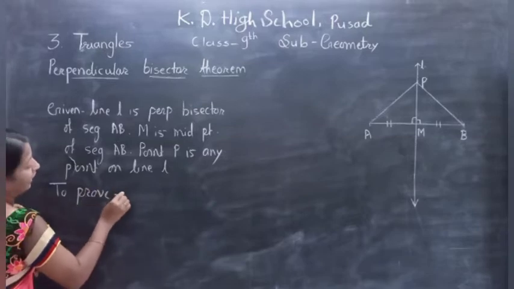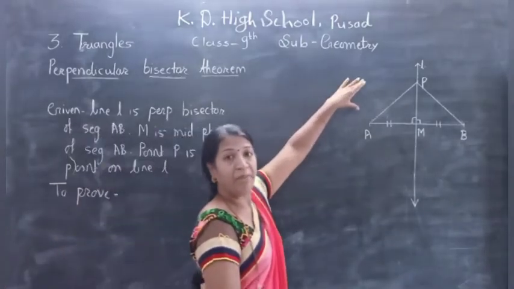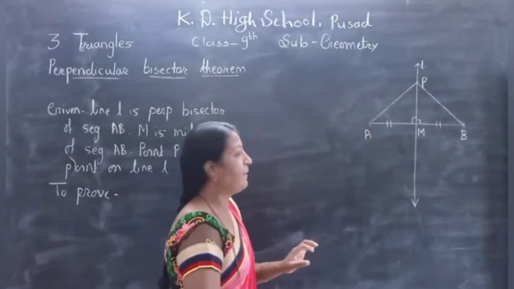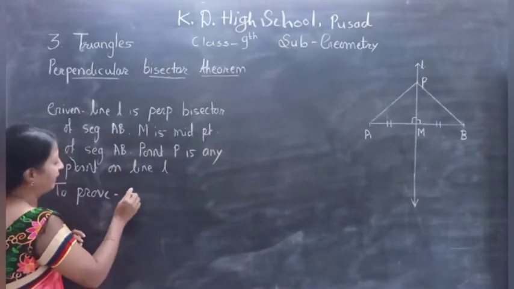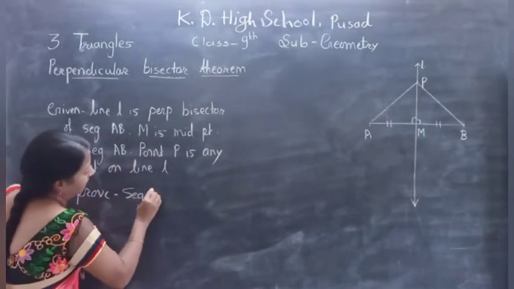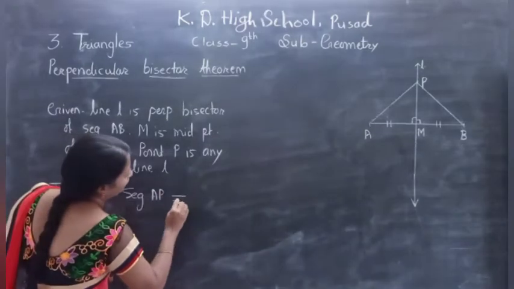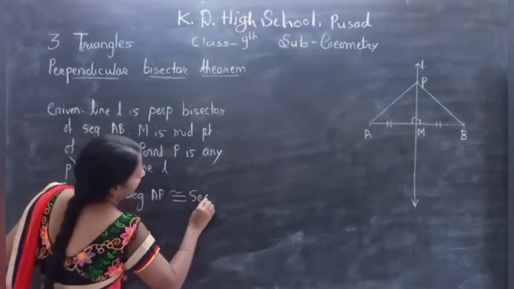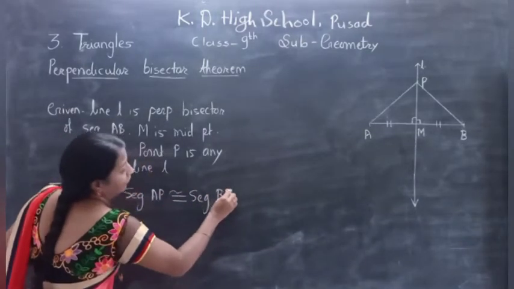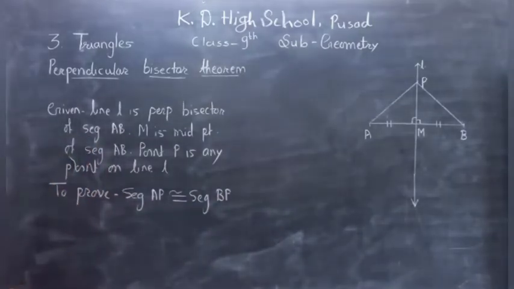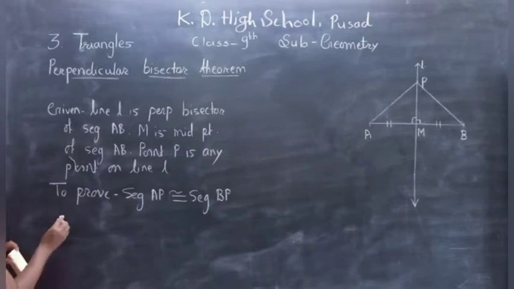To prove that segment AP is congruent to segment BP. Okay. Now to prove this, we have to draw segment AP and BP.